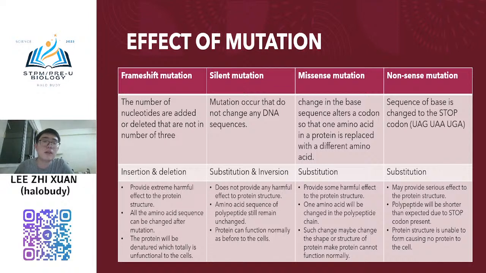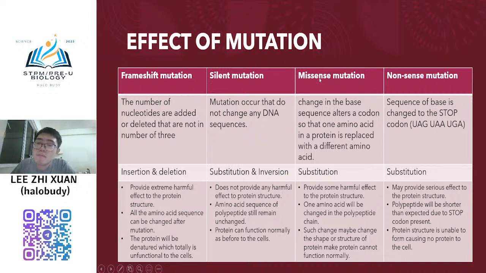No effect. It does not cause any harm to humans. Although mutation occurs, it does not give any effect at all. The amino acid is still the same, the protein also remains the same, and the protein can function normally. So this is what we call silent mutation.